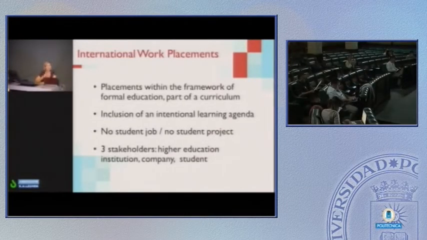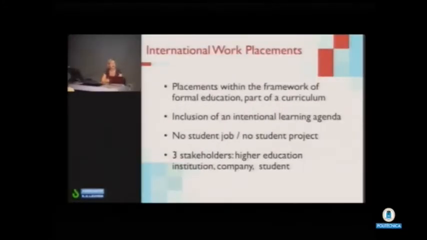But you also have internships or work placements where students take all the initiative themselves and go to a company and can put that experience on their CV, but their higher education institution is not really involved in that experience. What we look at here are those internships where the higher education institution is involved, where the internship is actually part of the accreditation.